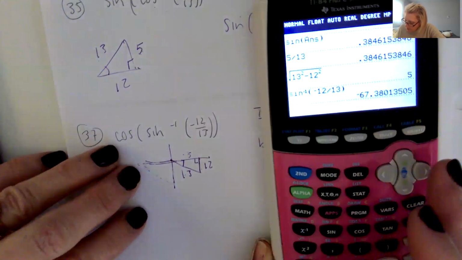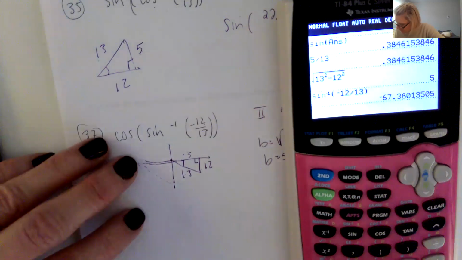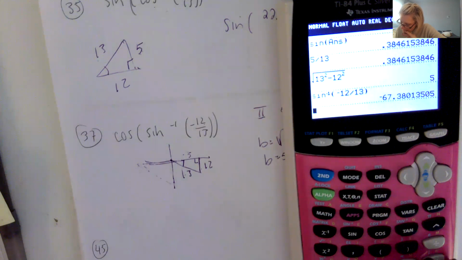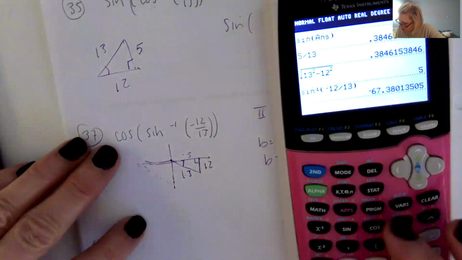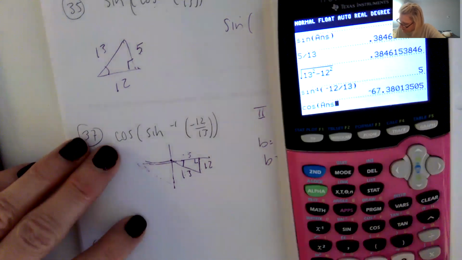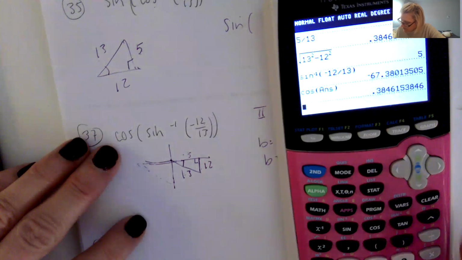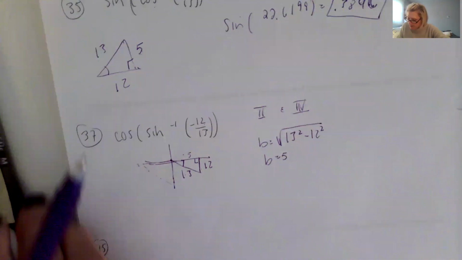And then if we do the cosine of that, the cosine of the answer is going to be 0.3846.